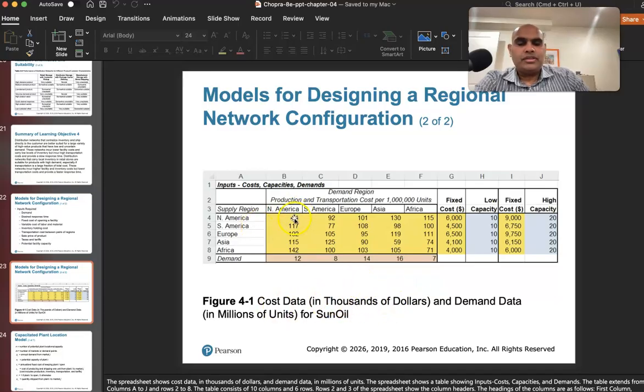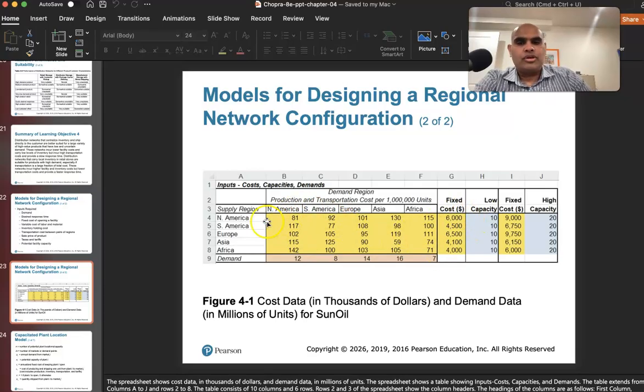So it's going to be $81,000 per million units. So we are looking at millions of units. If you build a plant in North America and you're servicing markets in South America, it's going to cost you $92,000 for every million units, and so on.